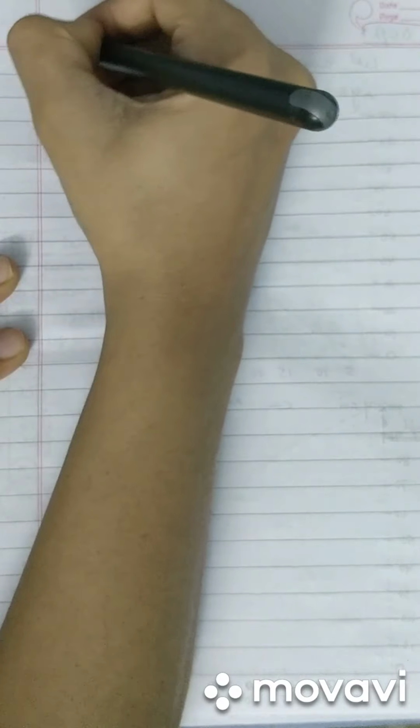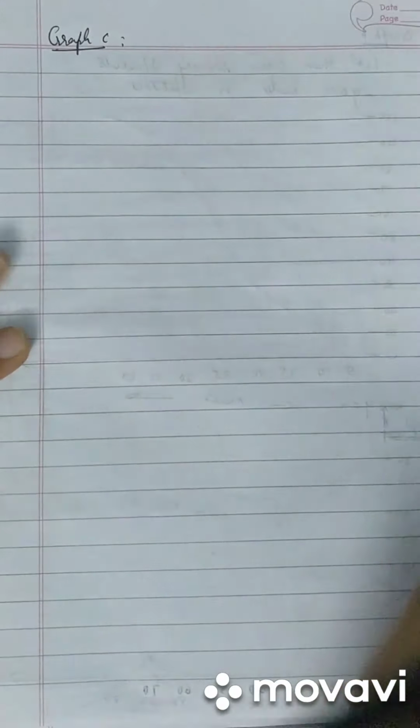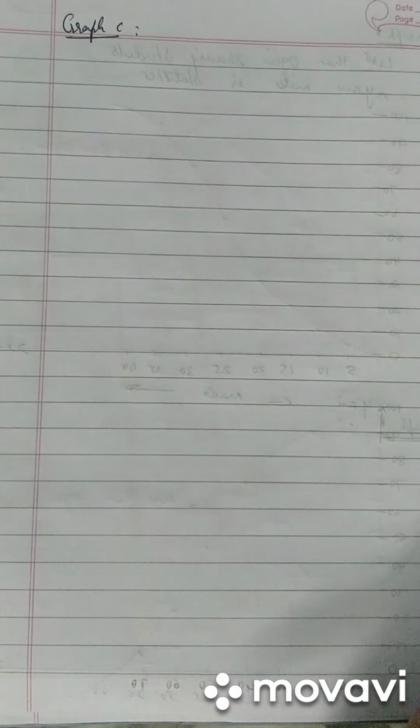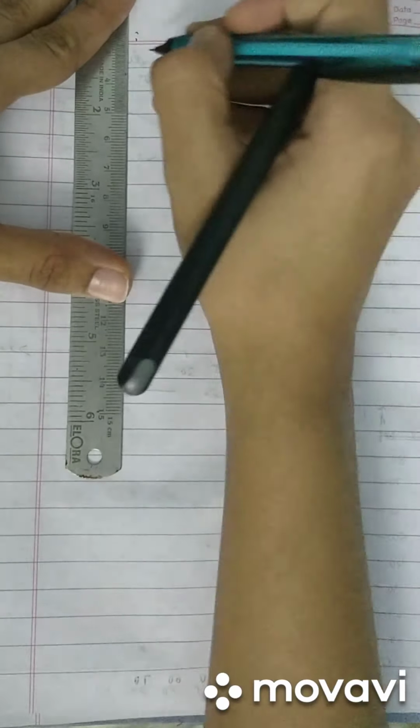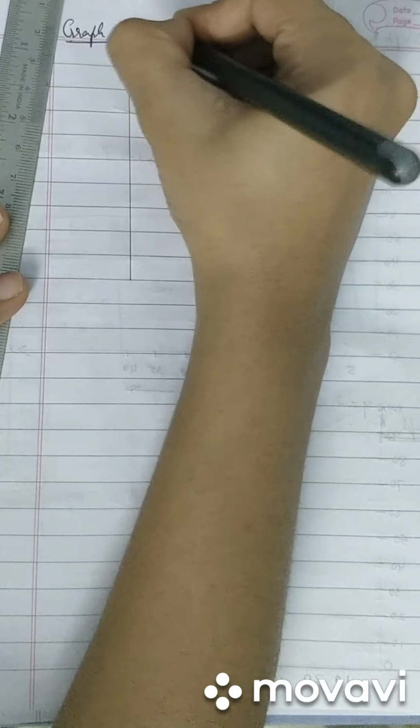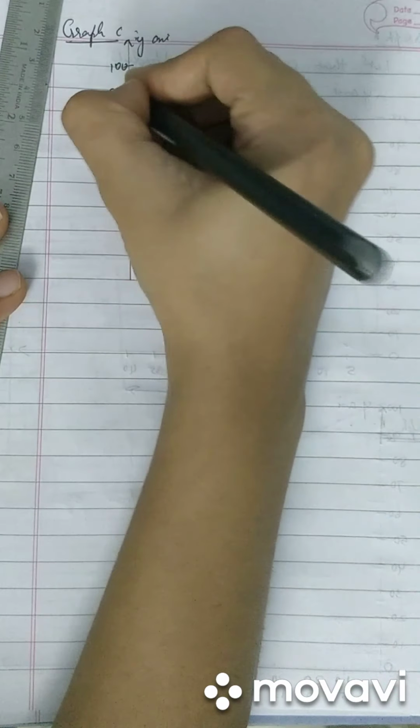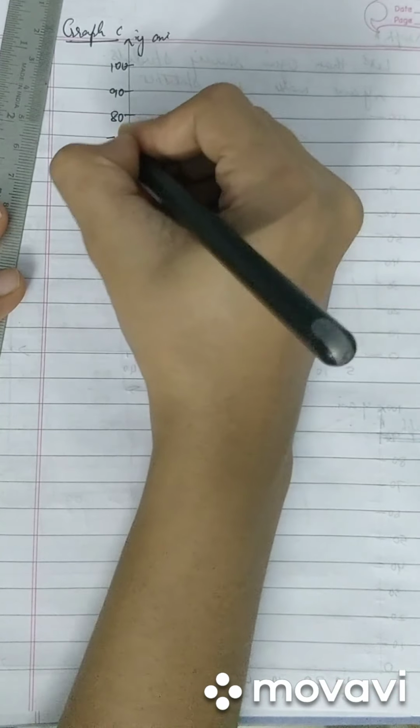Write down graph C. Write down the heading: ogives showing the marks of students in statistics. So again we'll be having the same thing we did in the other two graphs.